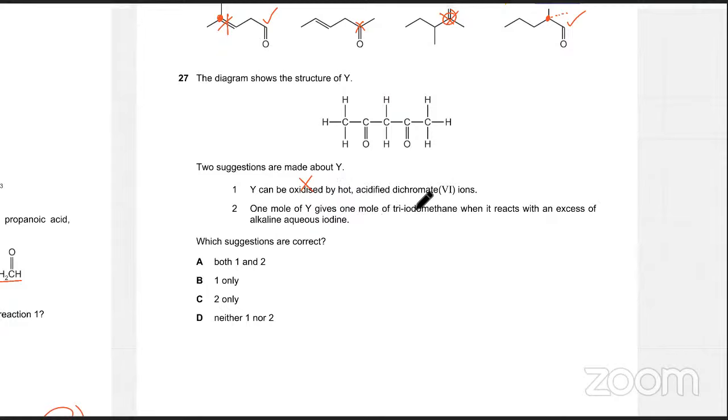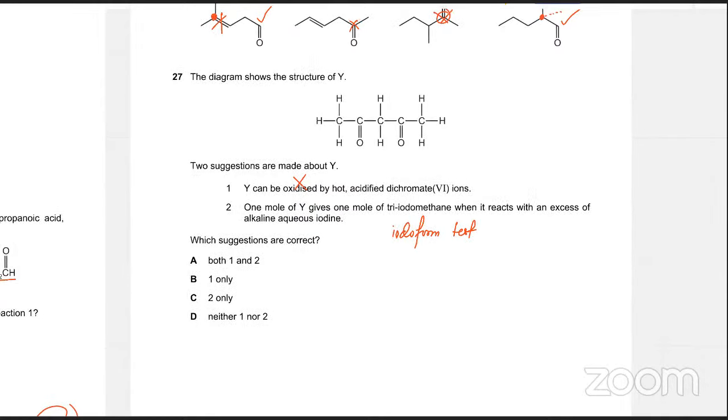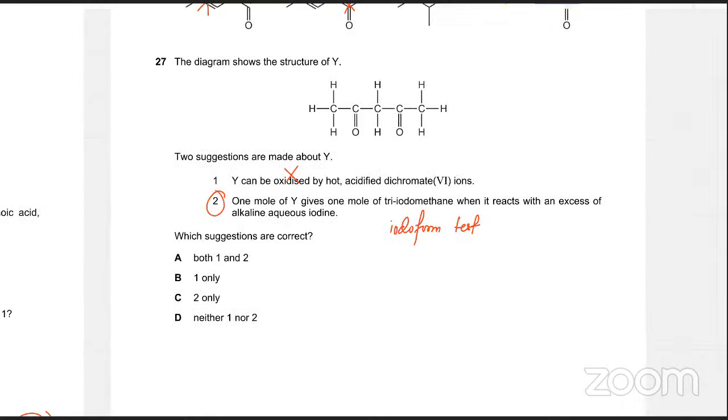Now, 1 mole of Y gives 1 mole of triiodomethane when it reacts with an excess of alkaline aqueous iodine. This one is known as the iodoform test. What is the iodoform test? Alkaline aqueous iodine is the iodoform test.